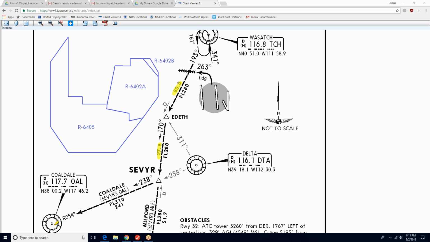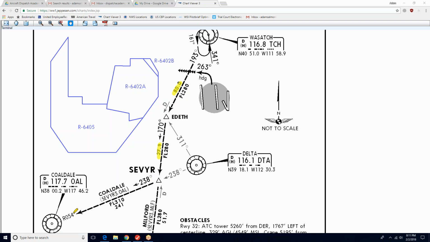If we bring up the actual chart on SkyVector, you can see how far this is. It's pretty far, and all of that with just that one simple ATC instruction. That gives them their altitude and their headings, so they can go all the way to Coaldale, and by the time they get there, typically another air traffic control center will have already taken them over.